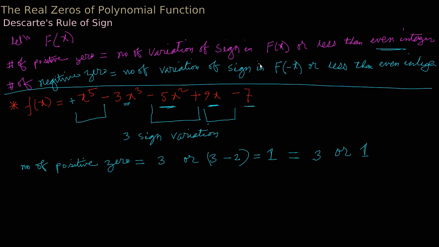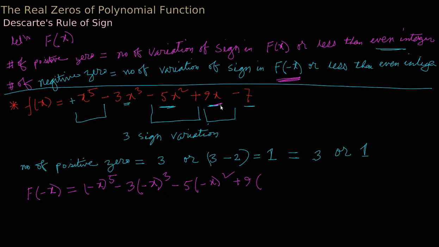Now let's look at the negative real zeros. For that I need to find the sign variations in f(-x). So let's first find f(-x).